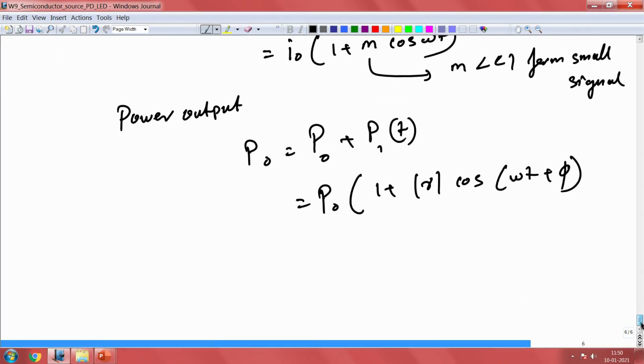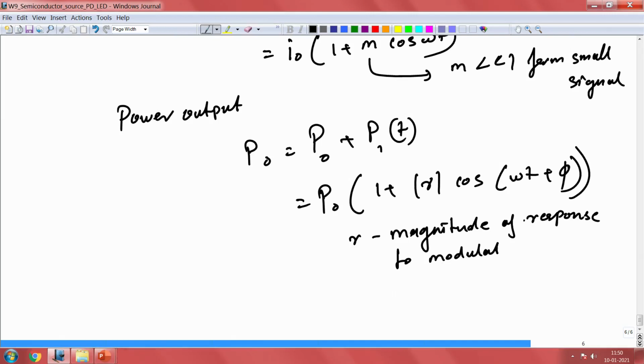So, what is this r? r is our frequency response, or magnitude of response to modulation, and phi is the phase change or phase delay that you have.